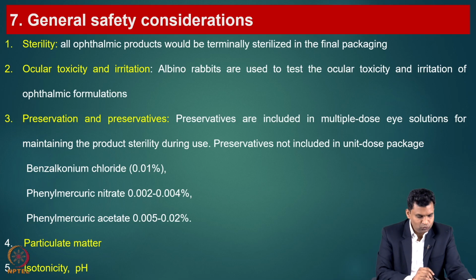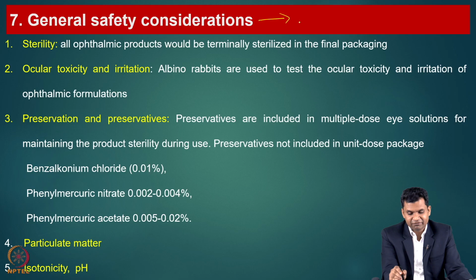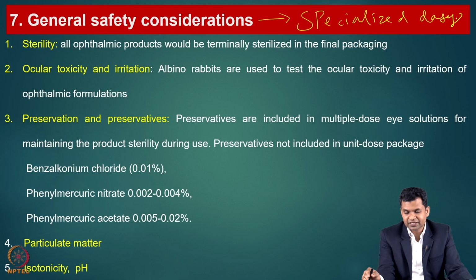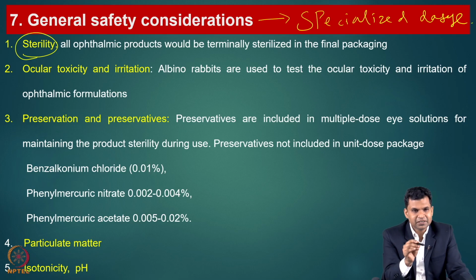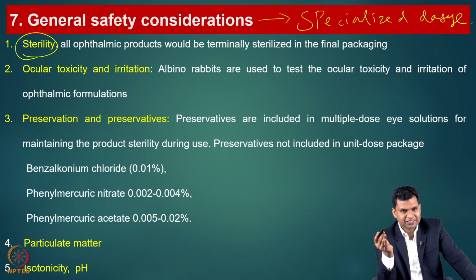Now, there are a few requirements to make an ideal ophthalmic formulation. So, there are the general safety considerations I already mentioned in the first slide, which are specialized dosage forms. Why specialized? Because these are sterile products. Sterility is nothing but absence of all living microorganisms, by using any type of sterilization technique.